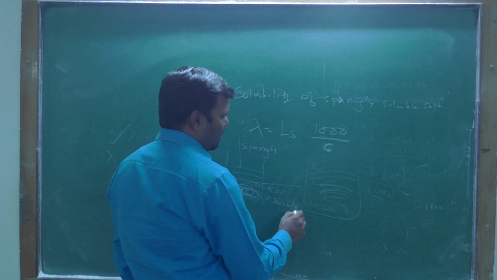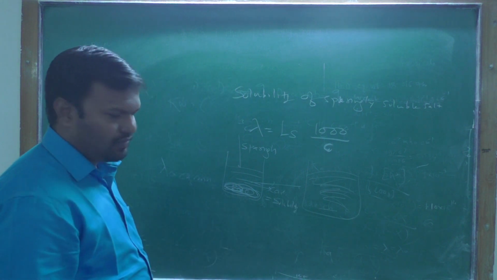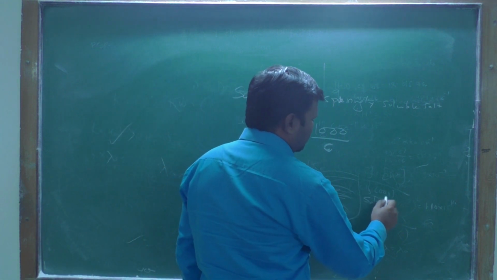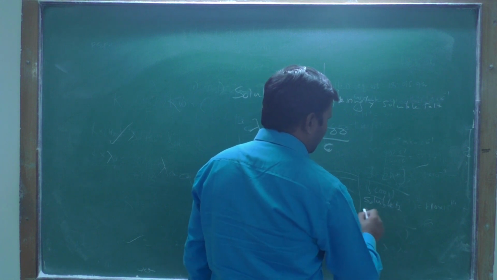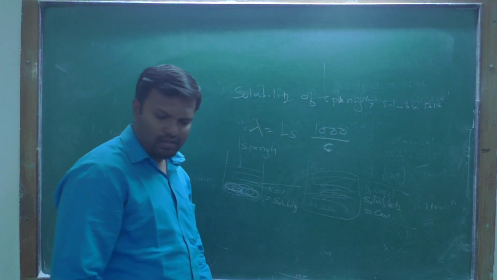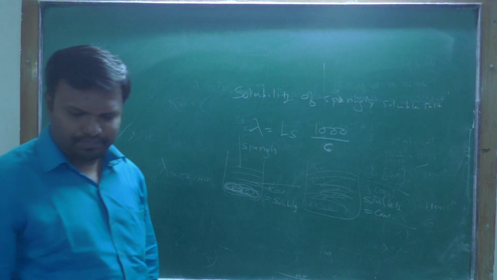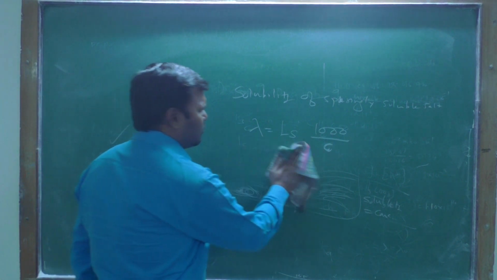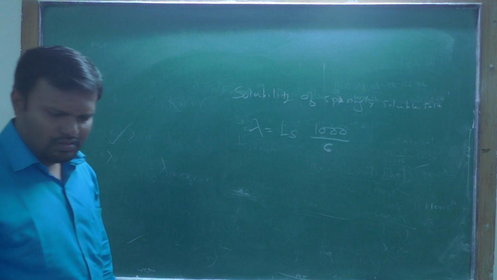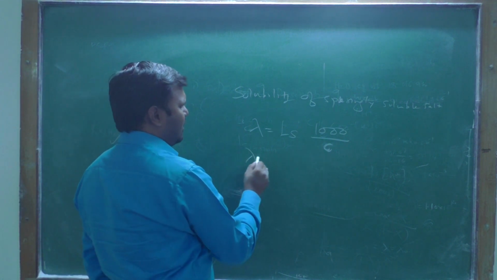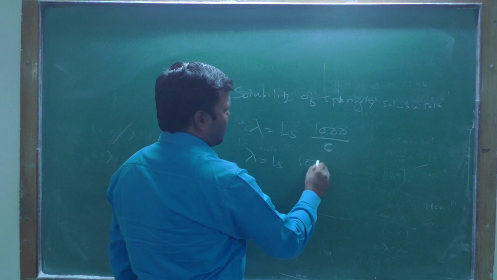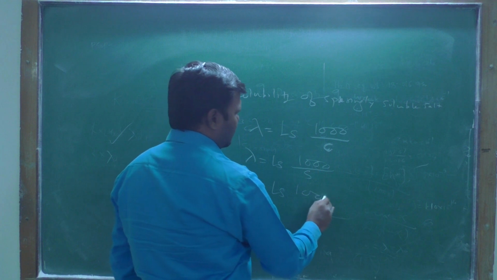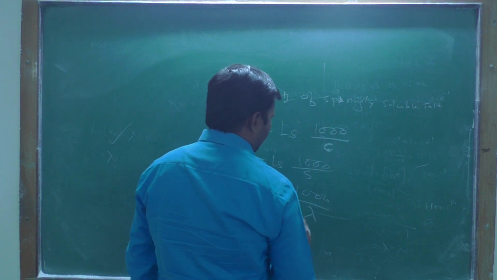Therefore lambda is equal to LS into 1000 upon C, which is S. Therefore S is equal to LS into 1000 upon lambda.